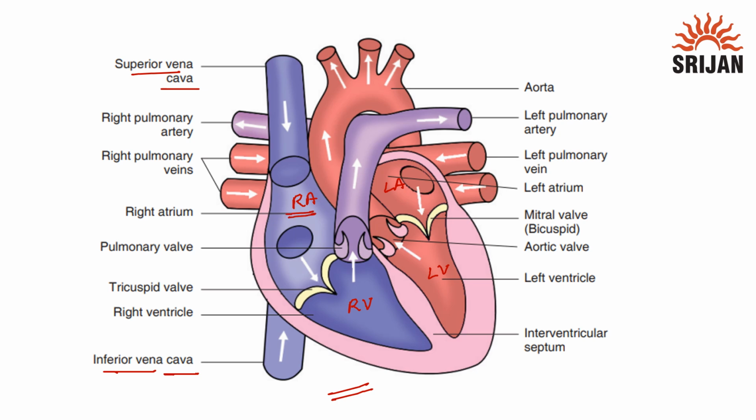This blood will then move to the right ventricle from the right atrium, and from the right ventricle it will move through the pulmonary artery and reach the lungs. In the lungs it will become oxygenated and come back through the pulmonary vein to the left atrium, and from the left atrium it will move to the left ventricle, and then through the aorta it will go to the entire body.